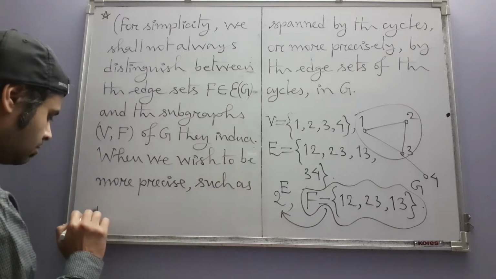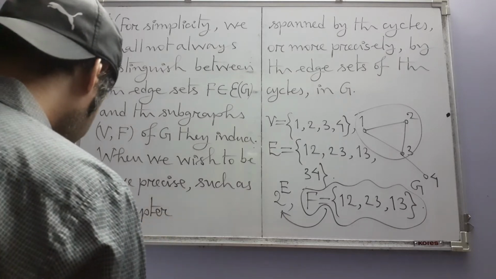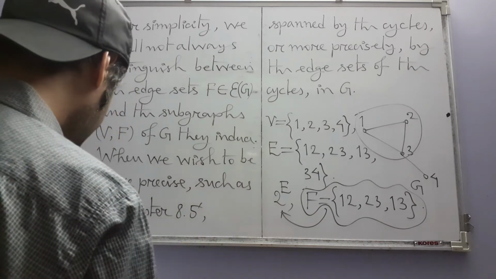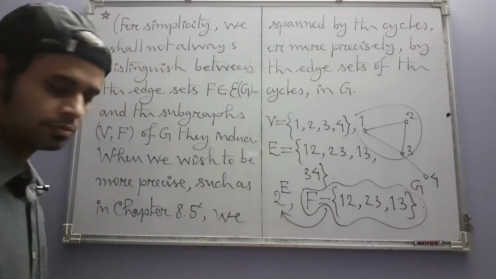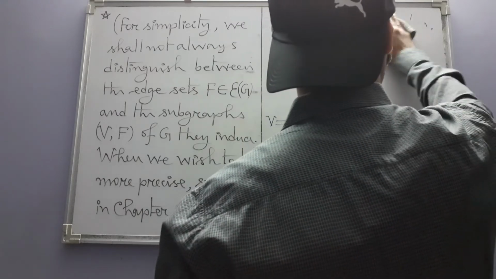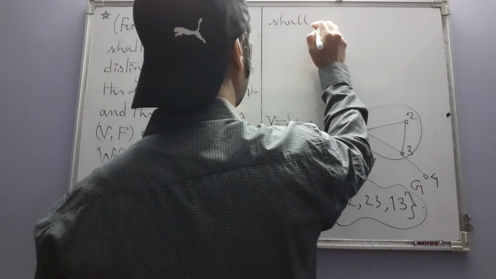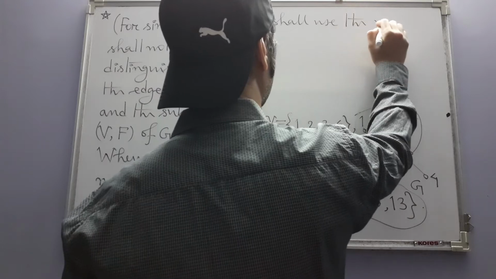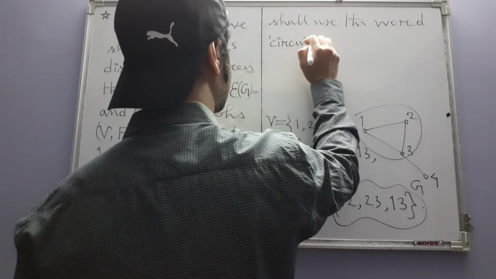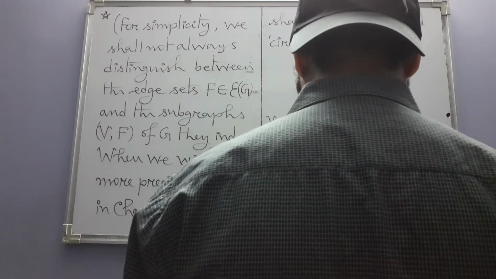such as in chapter 8.5, we shall use the word circuit to denote the edge set, circuit for the edge set of a cycle.